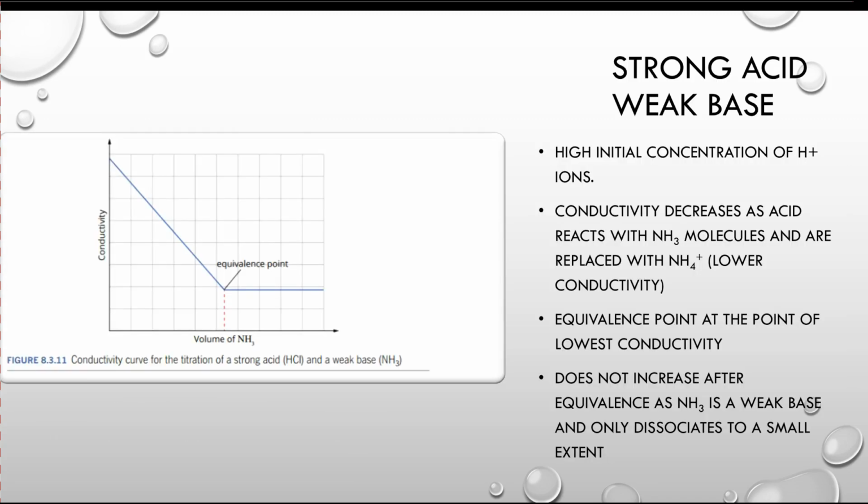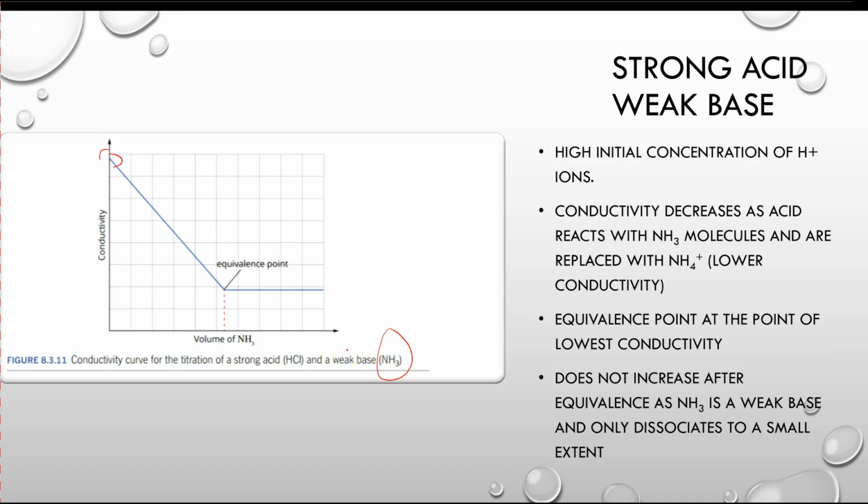So if we have a look at another example now, we've got a strong acid and a weak base. So again, we're at the same starting point where we've got a strong acid with high conductivity up here. And again, that's just due to the full ionization of those ions. Again, our conductivity is going to decrease. So as I'm adding, in this case, my weak base is ammonia.